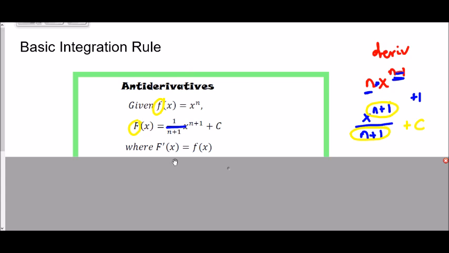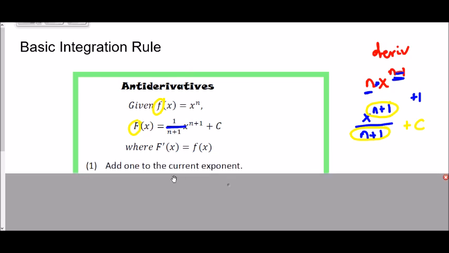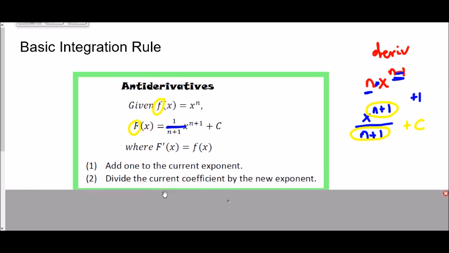Okay. So these are the steps. There are 2 steps, just like our power rule has 2 steps. You're going to add 1 to your current exponent. Then you're going to divide your coefficient. So if there's a number in front, you're going to divide that by the new exponent. So again, these new numbers that you're putting in are going to match. Okay.